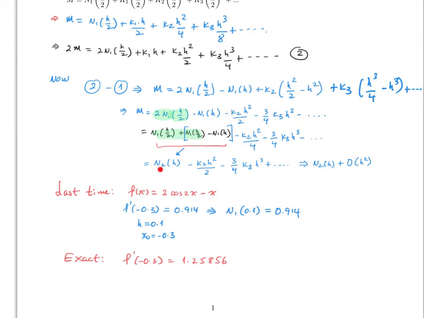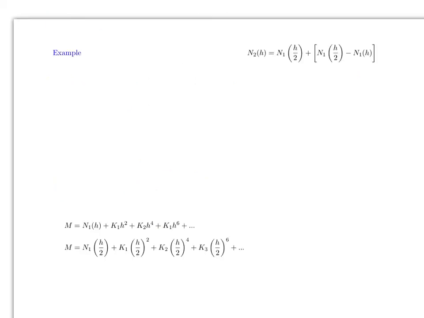So now we're going to use this information to find N2. Remember that in the previous example, the value for h is 0.1, so that's not going to change. But now we need to find N1(0.05). Why? Because h divided by 2 is 0.05. This is the same thing as finding f prime of negative 0.3 by using 0.05 instead.